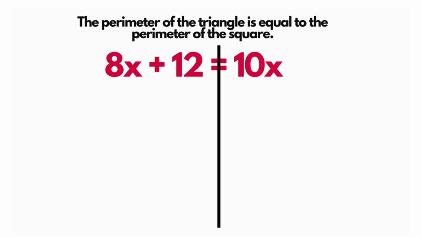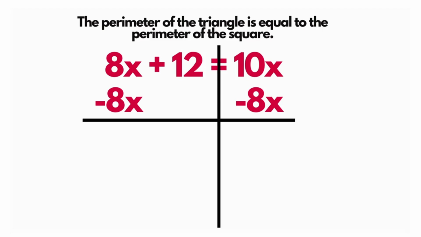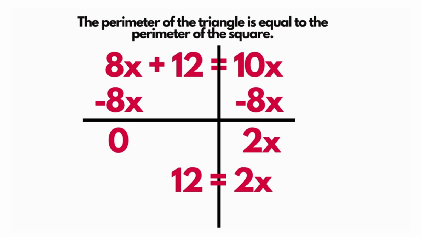We can subtract 8x from both sides, and that simplifies our equation. 8x minus 8x is 0, and 10x minus 8x, because we have to subtract from both sides to keep it balanced, is 2x. If we rewrite what we have left, we have 12 on the left and 2x on the right.